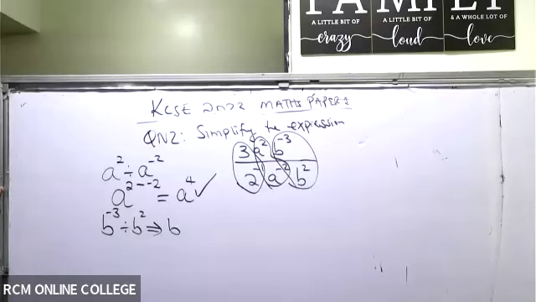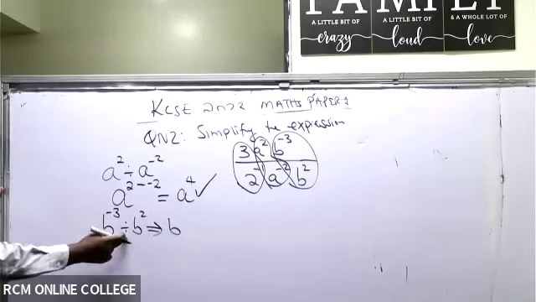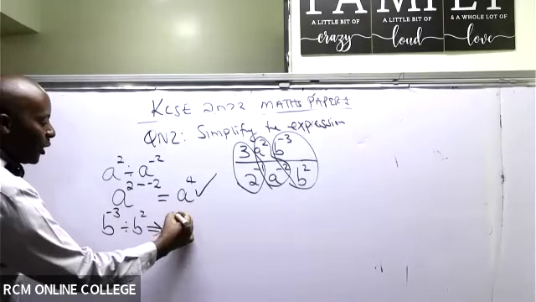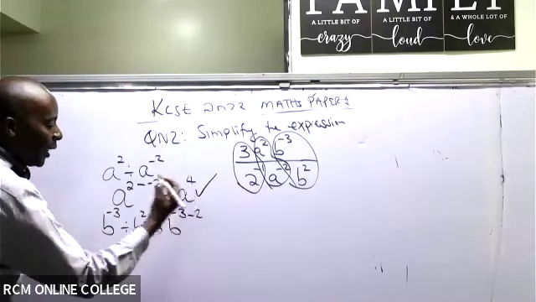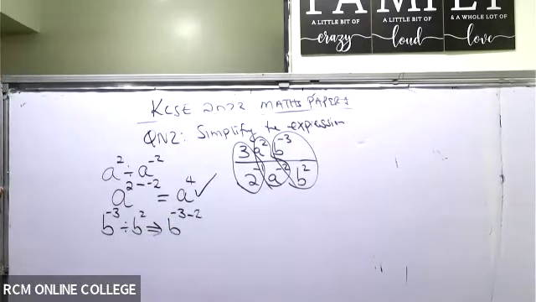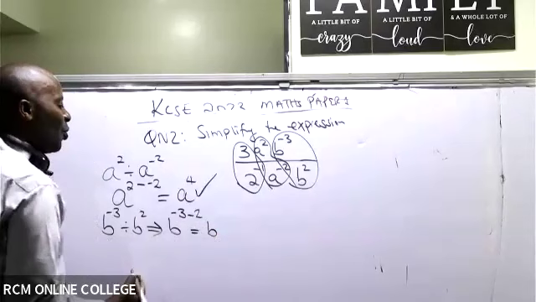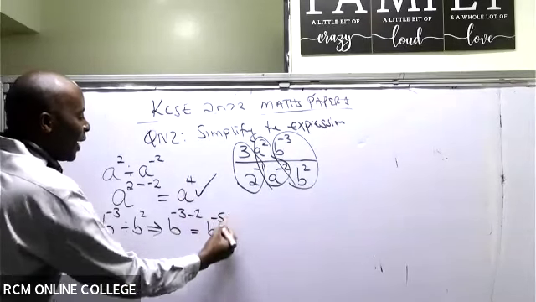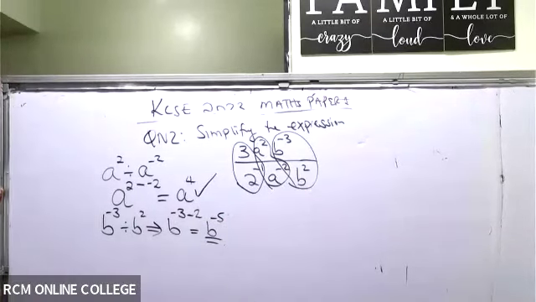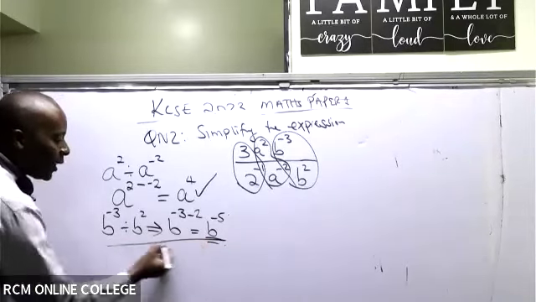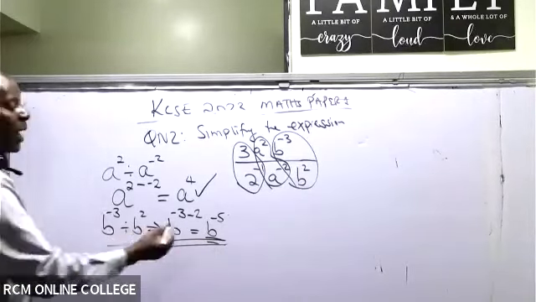And for the powers, if it's a division, I will subtract the powers. So it is -3, -2. Thank you so much, Byron. When I subtract this, it will give me b raised to -5. This is correct. I can even double underline.